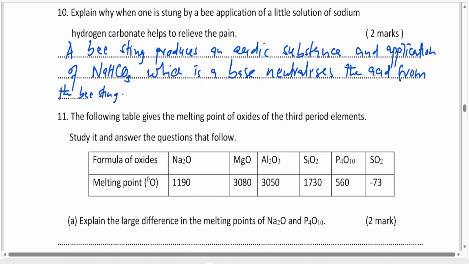And that gives you 2 marks. So mentioning the issue of an acid in the bee sting, I have a mark. Mentioning the issue of sodium hydrogen carbonate being a base, I have a mark. And talking about the issue of neutralizing the acid, 1 mark. And that gives you 2 marks.